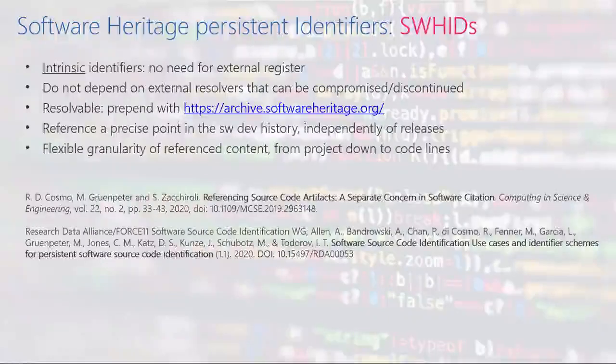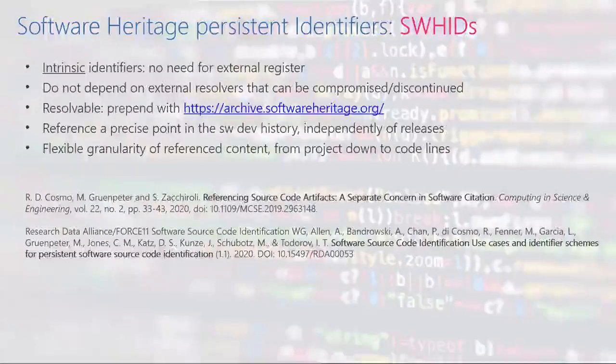So what you need to know is the software project and the algorithm to compute the hash, and this is it. You do not depend on an external service to resolve the identifiers, like DOI, for instance. DOI works because there is doi.org. But if this fails, you do not have any resolver system worldwide for DOIs. Here, that's not the case. So you have an identifier that can last forever because it does not depend on any resolver. And that means you can develop a new resolver if you like.